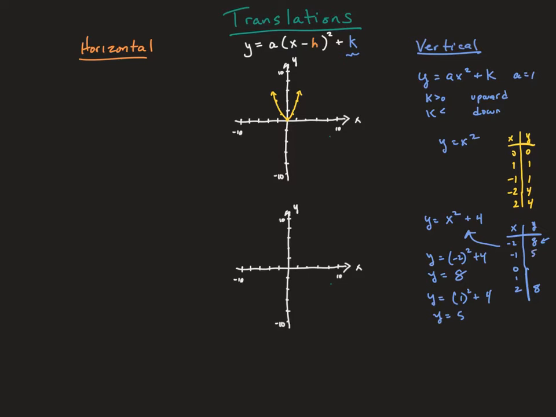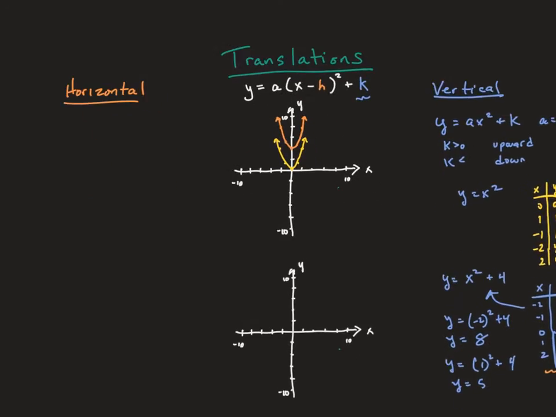So 5, 5, 4. When I go to graph that, I'm going to graph it in orange, and I'm going to have these points. And hopefully you can see that that function has just moved up 4.